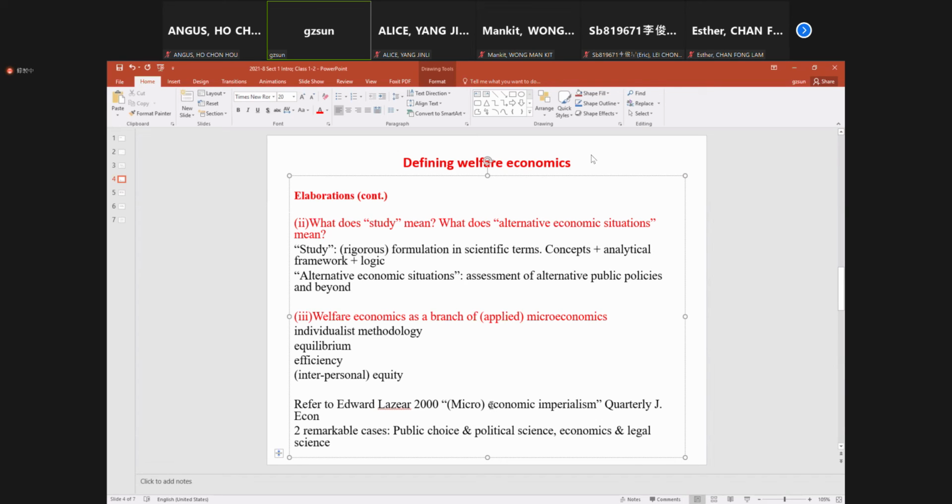And what's the idea? The basic idea is economics should be the queen of all social sciences because economics is powerful.